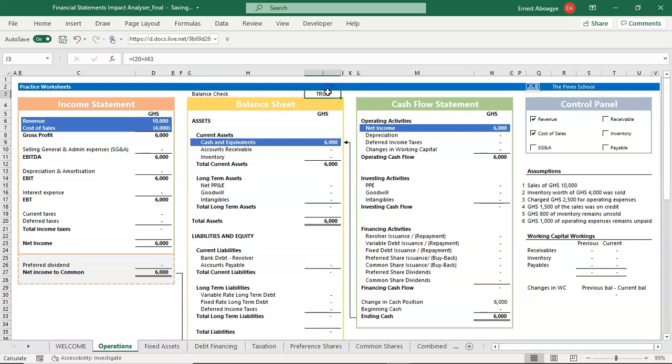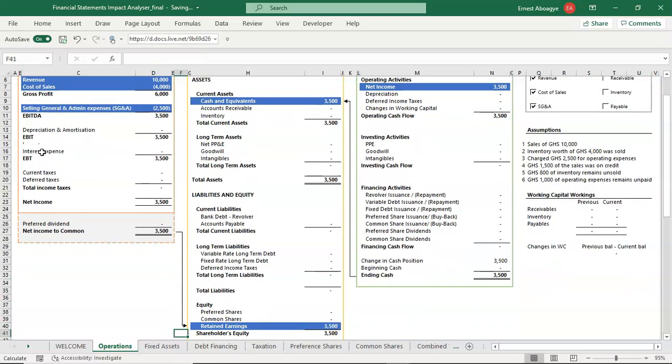Our balance sheet still balances. If we go on and say that we charge operating expense of 2,500, this also means that our profit will further reduce by the 2,500, making us get a profit of 3,500. Then again, this 3,500, after any preferred share dividend or any common dividend paid, will remain our retained earnings or our surplus.